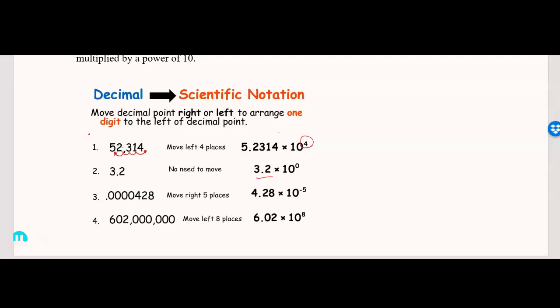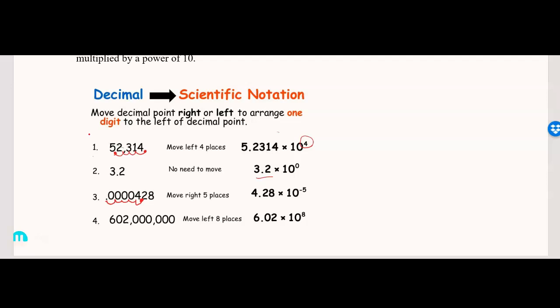Same thing with number 3. We would start here, right? So I need to have the ones right here, so 4.28. But if I move, I'm going 1, 2, 3, 4, 5.